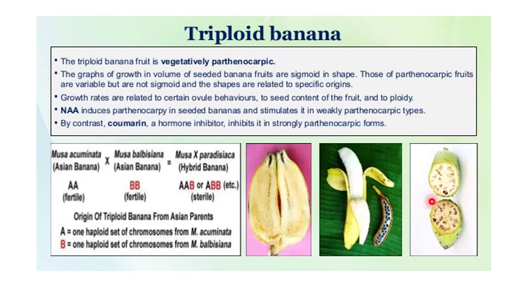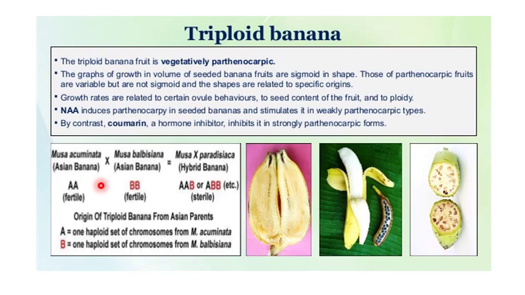The graph of growth in volume of seeded banana fruit is sigmoid in shape. Those of parthenocarpic fruit are variable but not sigmoid, and the shapes are related to specific origins.